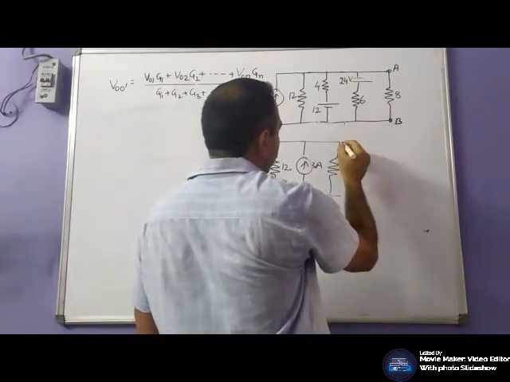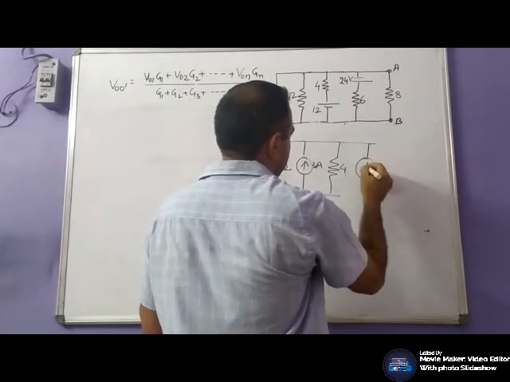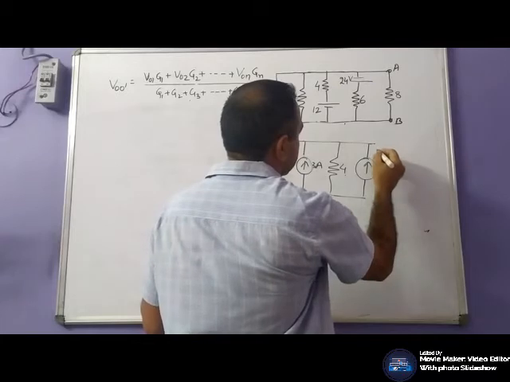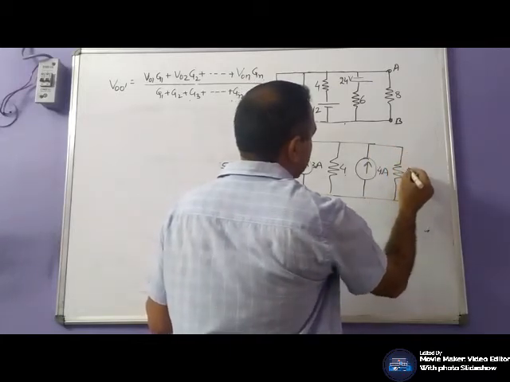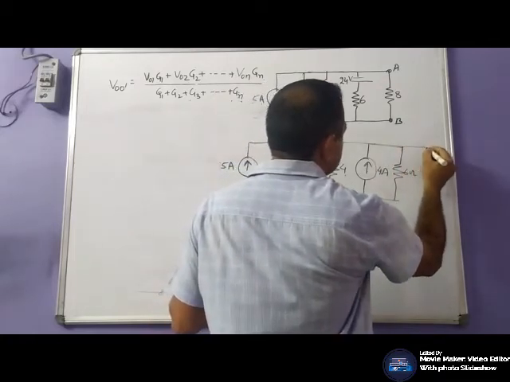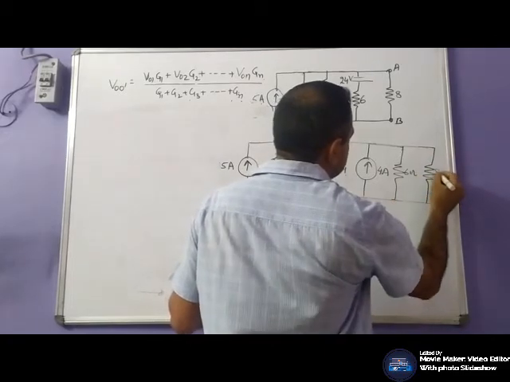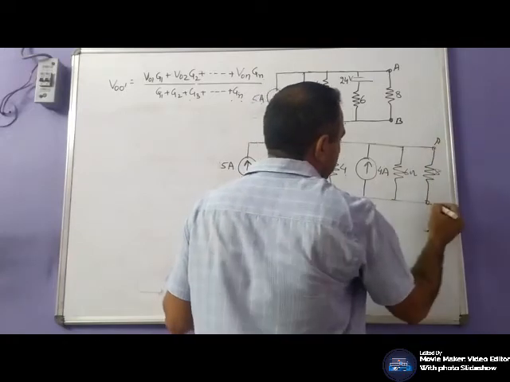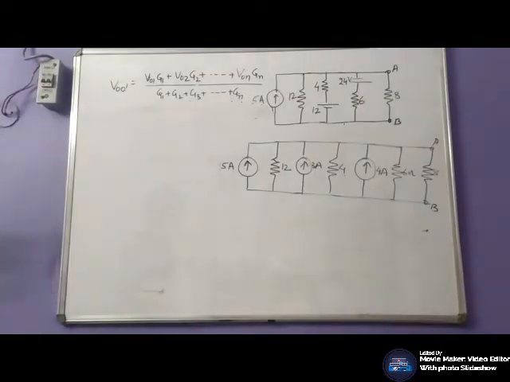This one is 6 by 4 ampere with a parallel resistance of 6 ohm, and this is an 8 ohm branch where we have to find the potential drop or current.